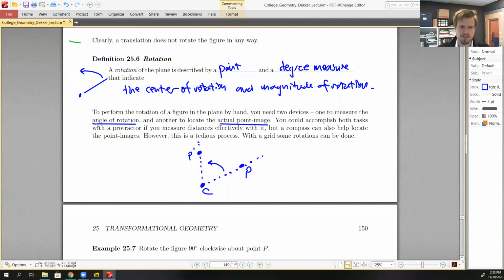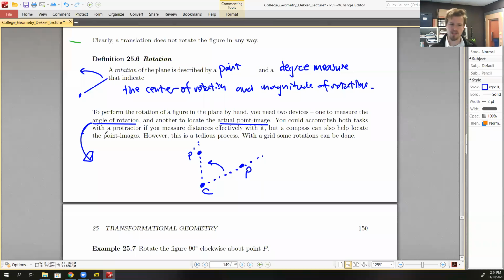In particular, if we're not given a very convenient angle of rotation, right? So if we're given 45 degrees, if we're given 90 degrees, 180 degrees, 270, these sorts of things, it should be pretty easy for us to calculate, to find those rotations, even without a protractor.